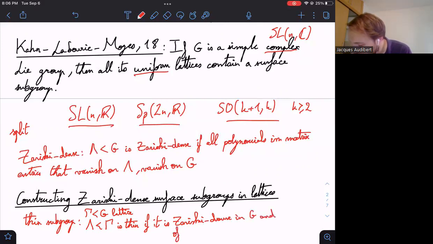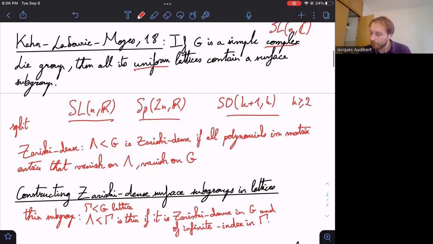And of infinite index in gamma. So thin subgroups of lattices have been shown to be close enough to being a lattice that they still satisfy the strong approximation theorem, and so can be used to prove existence of solutions for certain arithmetic equations.